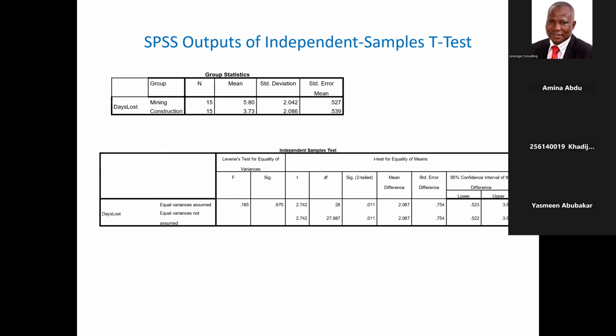Even the t value, which is 2.742, remember, if you go and check the degree of freedom of 28, this value will be greater than the critical value. The critical value is not up to 2.742. That is why you will know that, even though you cannot calculate the p-value with your hand, the corresponding p-value will be less than 0.05.